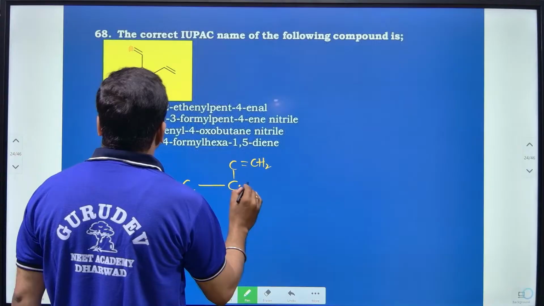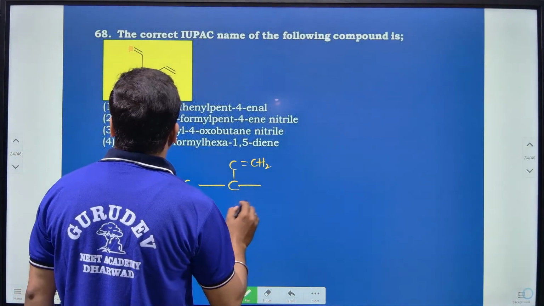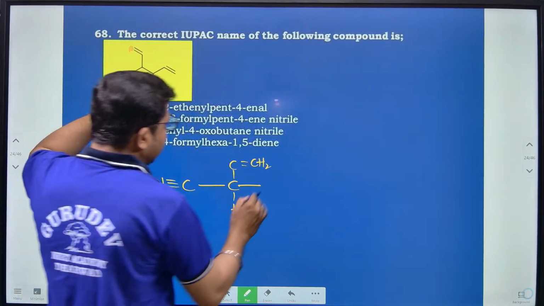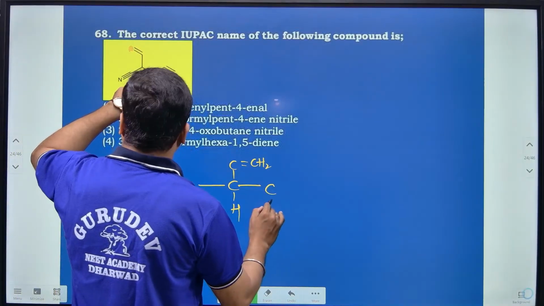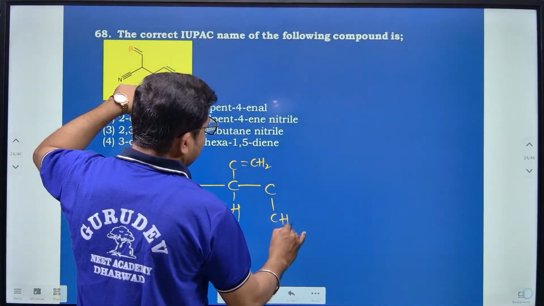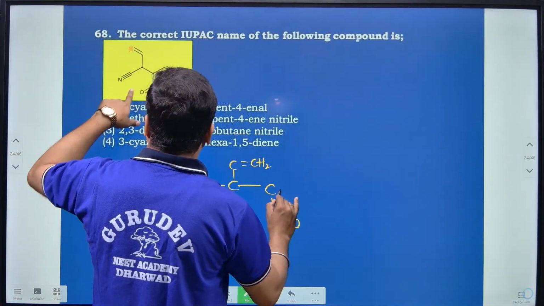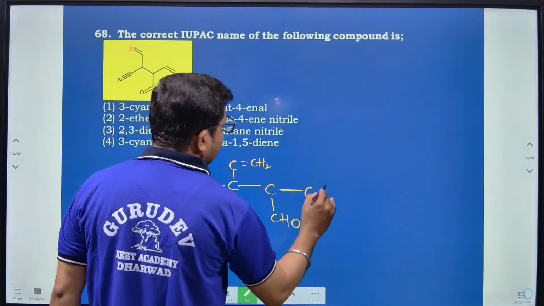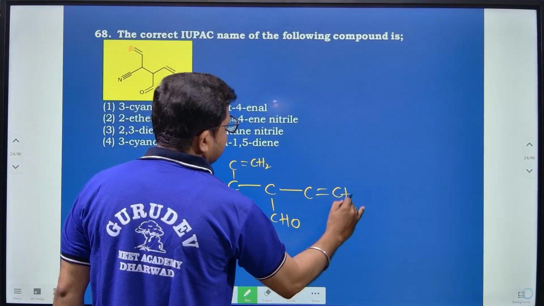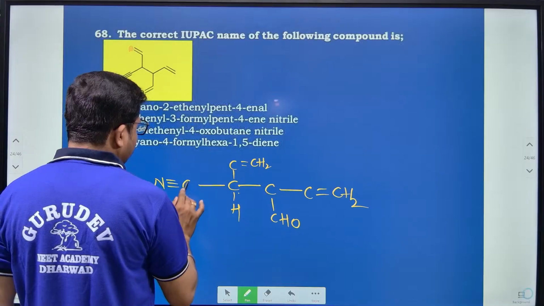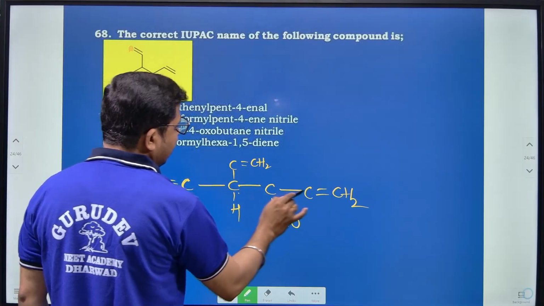Next, C, this one will match, combine together here to form CHO, and then this forms C double bond CH2. 1, 2, 3, 4, 5.